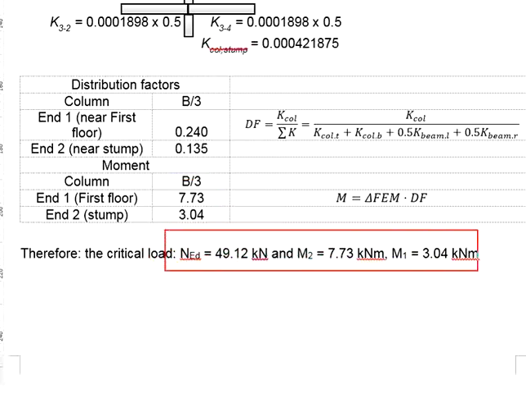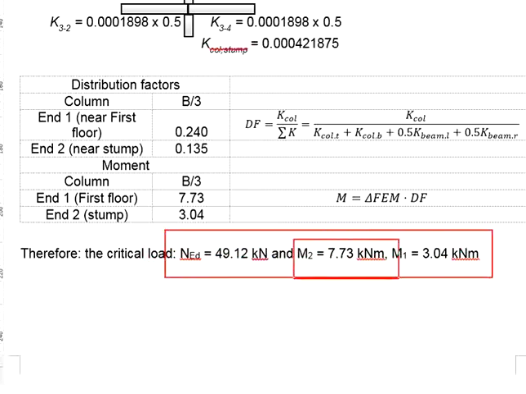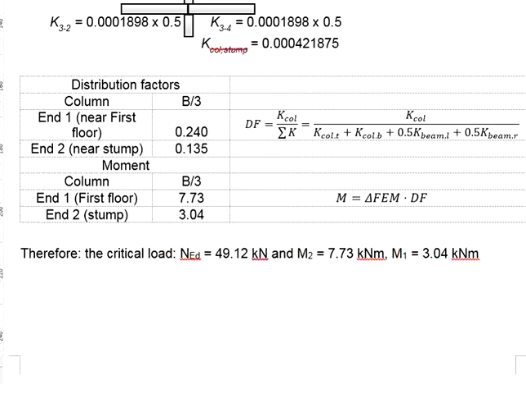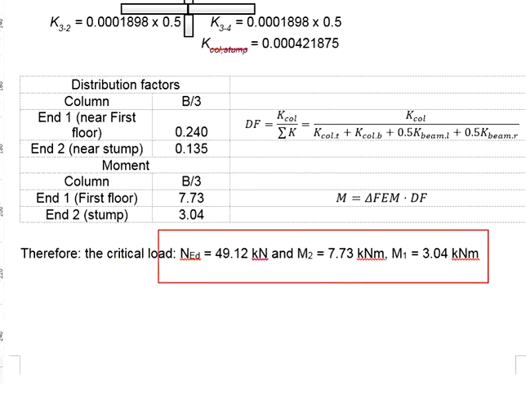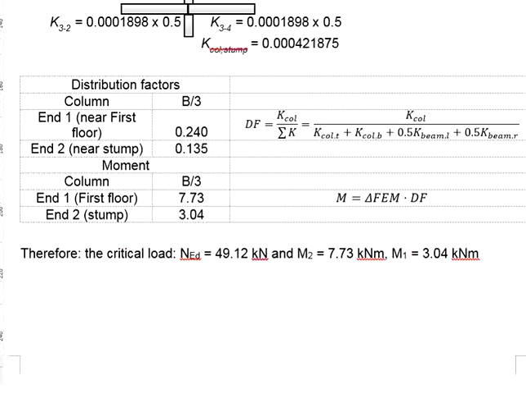That gives you NED 49.12 kN, M2 7.73 and M1 3.04. Later, when you want to design for the column, you may use this value in order to determine the main reinforcement bar required in the column.